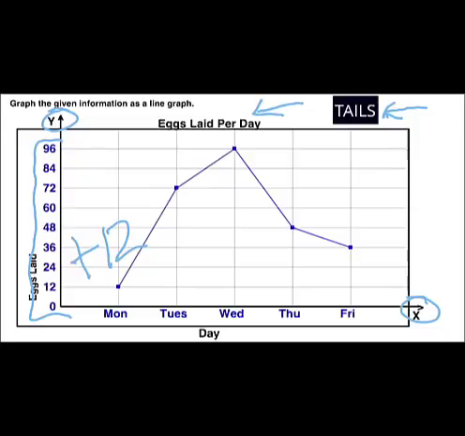Then you can see that the axes are labeled day and eggs laid. That's the L in tails. And the S in tails is spacing. As you can see, Monday's line is here, Tuesday, Wednesday, Thursday, Friday.